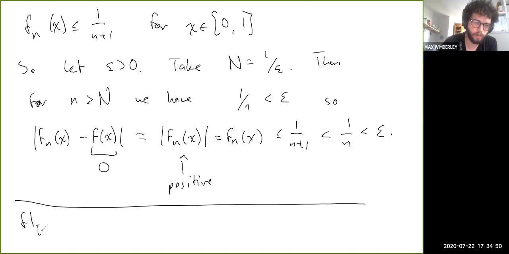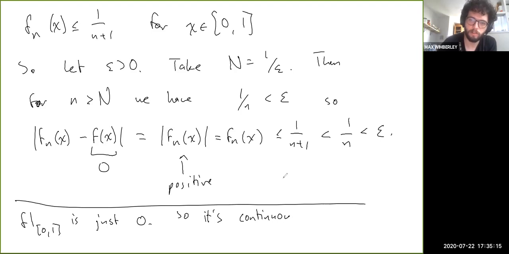F restricted to [0, 1] is just 0. So it's continuous. This is a great example of why it's good to be familiar with how restrictions work and how continuity can change in passing from a function to its restriction.